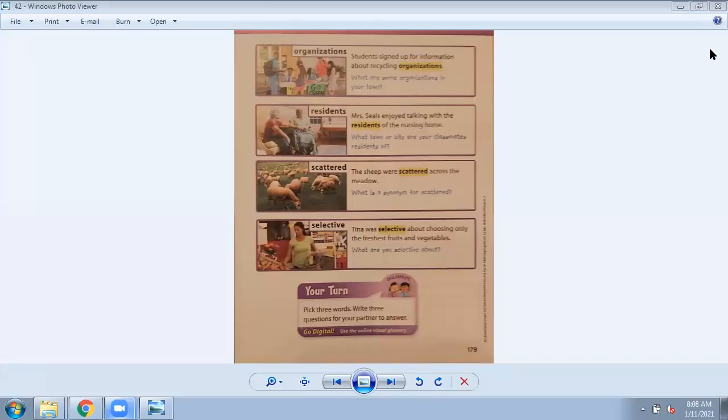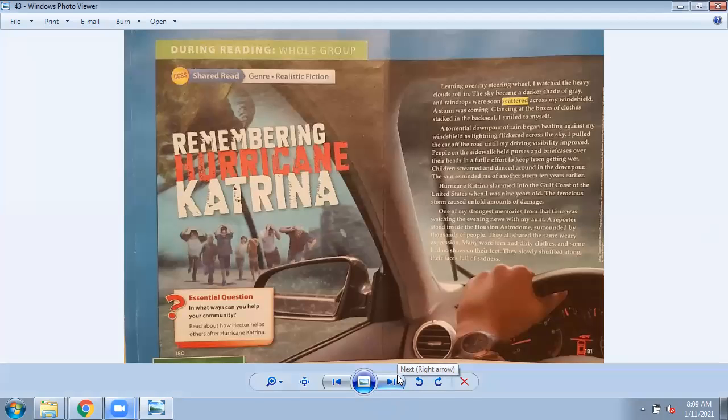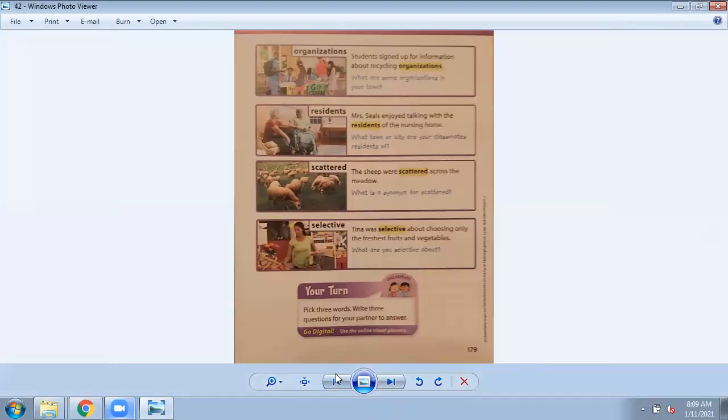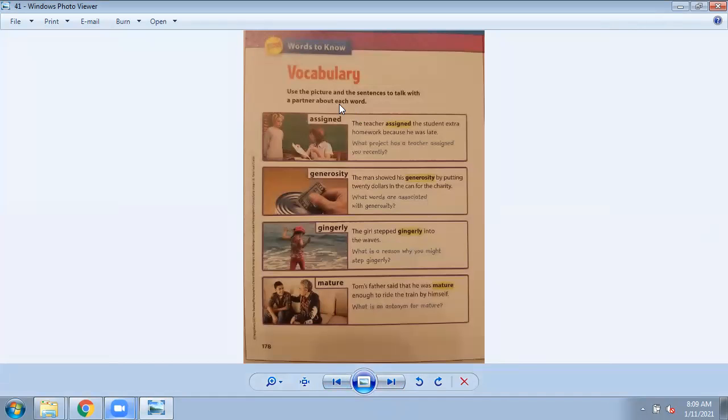All right. I'm going to put everybody's hand down for just 1 second. We're going to move on to the story in your reading writing workshop on page 180. If you could please take out your books and open to page 180. I'm going to quickly review the vocabulary for you. Assigned, we said, means to give you something to do. It is in the past tense, so it means you have already been given something to do.